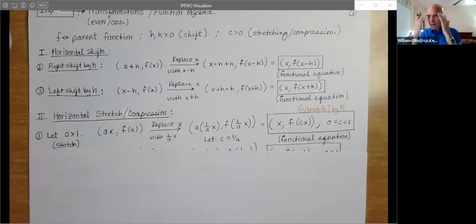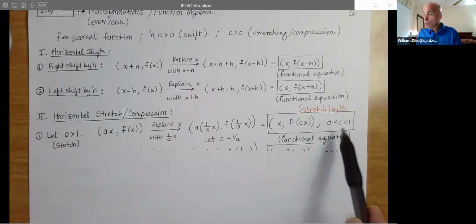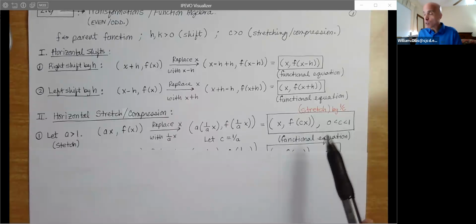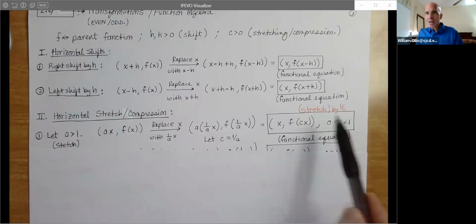So again, your brain switches on and says, not very intuitive. So if we replace x with c times x, when c is between 0 and 1, we actually stretch by 1 over c.